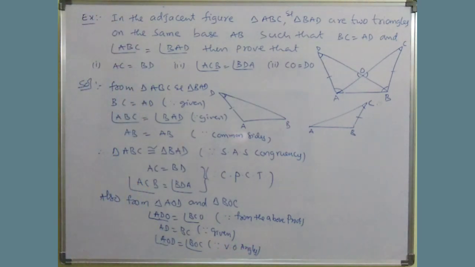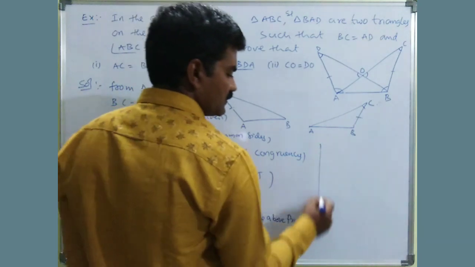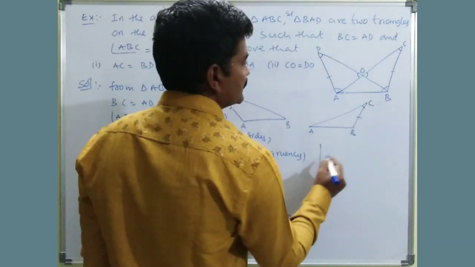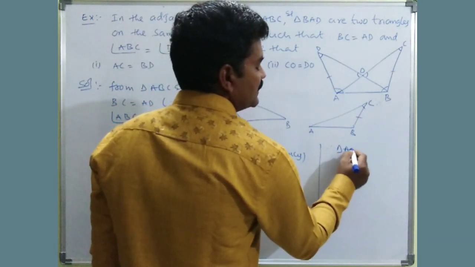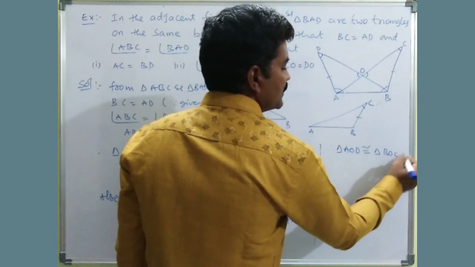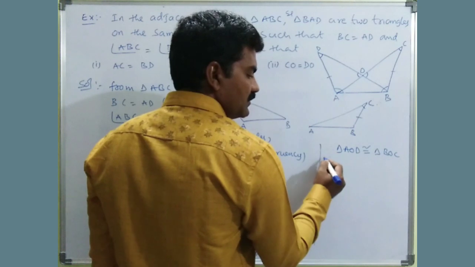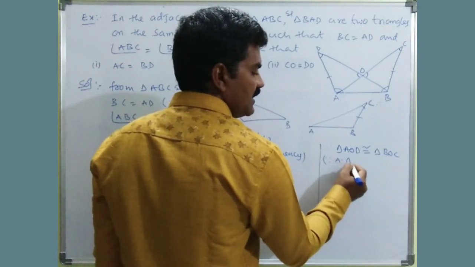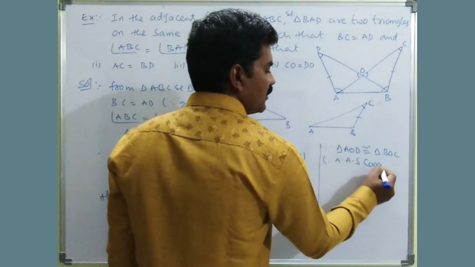So once again AAS: two angles and one side. Therefore, I can say that triangle AOD is congruent to triangle BOC because of AAS congruency.